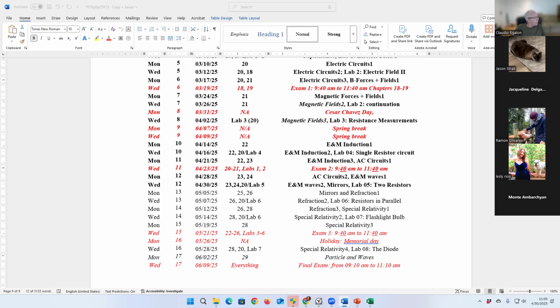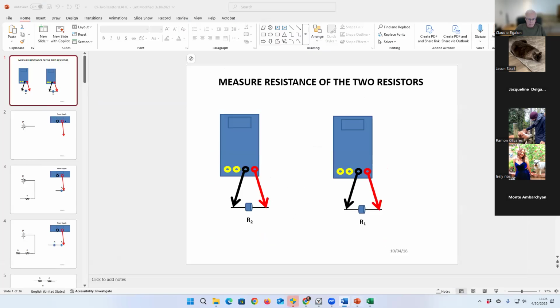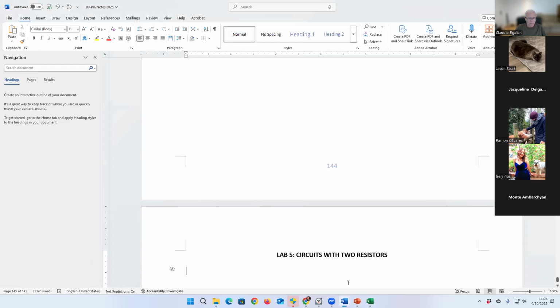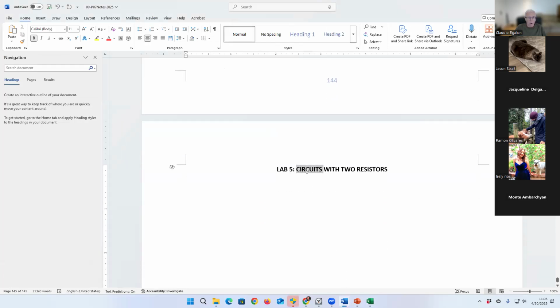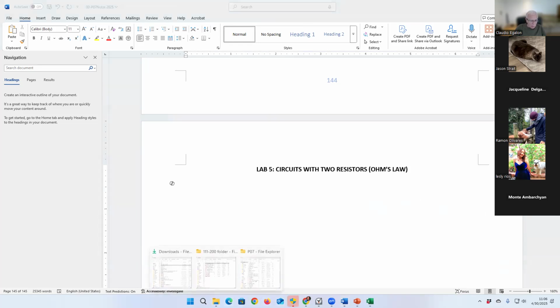Okay, here we go. Ohm's law in a circuit with 2 resistors. Make sure you download your spreadsheet, right? And I'm gonna open one of my spreadsheets to walk you through what we have to do.